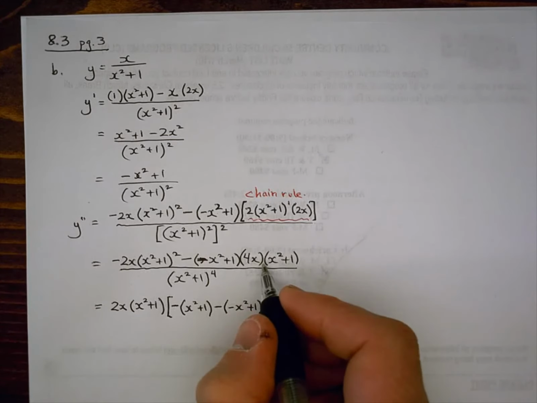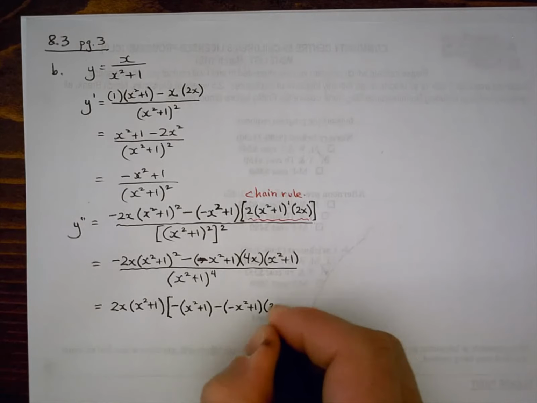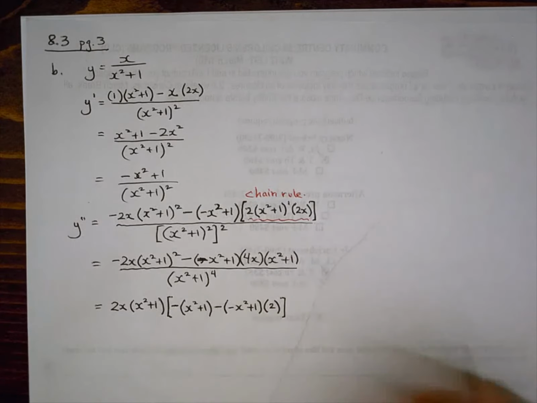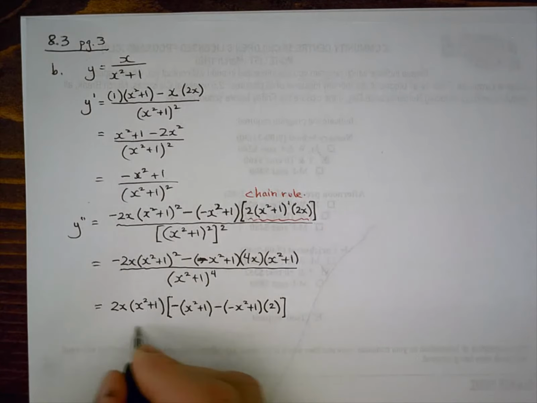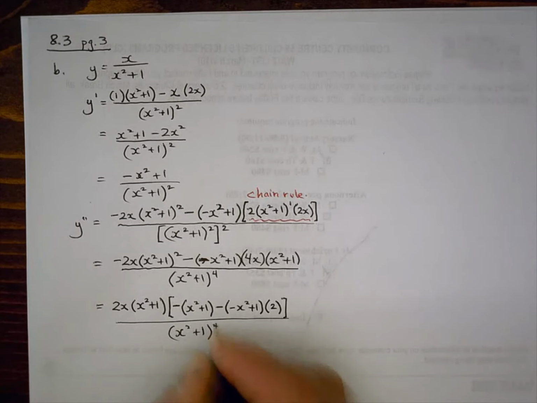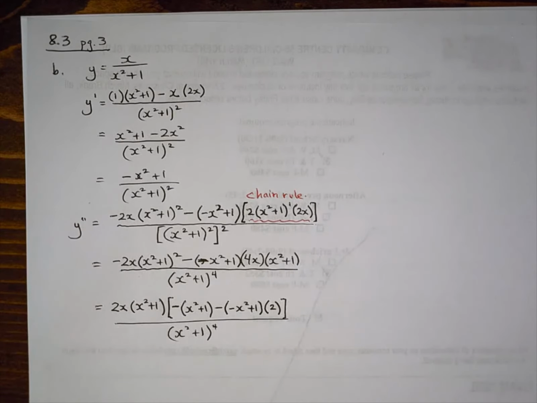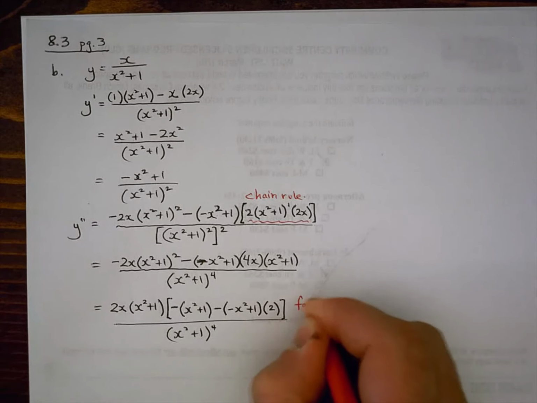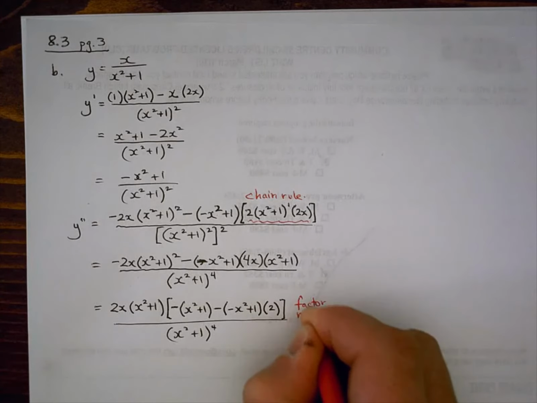I've divided out a 2x, so I'm left with 2, and the x squared plus 1, I've divided that out, so actually that's it. That's everything. And the denominator is still x squared plus 1 to the power of 4.